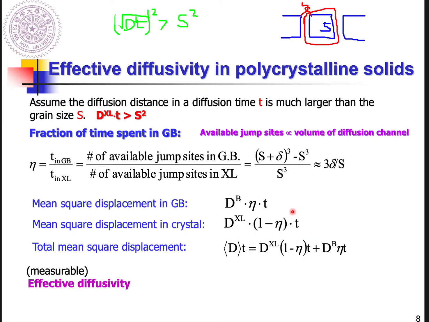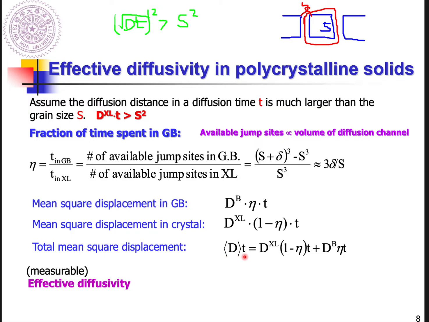So you sum this up and you get D_B iota t plus D_XL (1 minus iota) t, which equals the effective diffusivity times t.